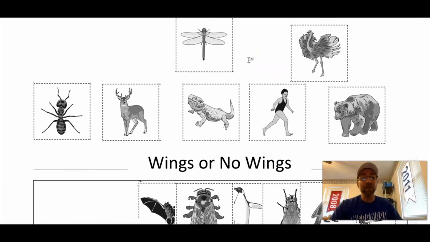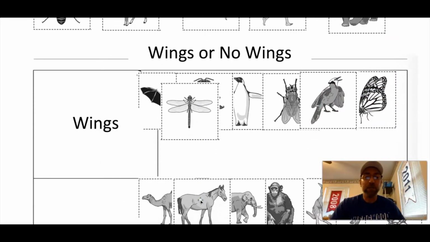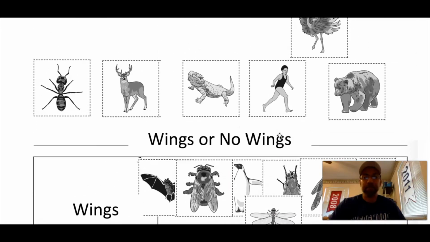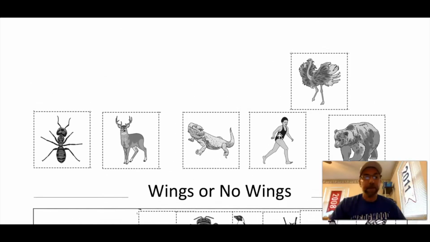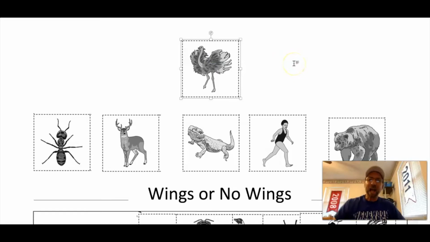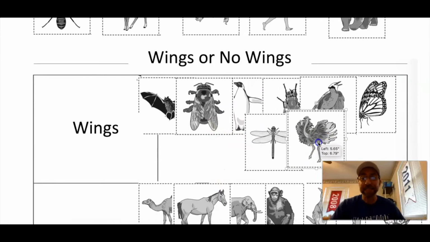Well, I see the wings on the mosquito, so I'm going to move the mosquito into our wings category. Now, we have an ostrich. Does an ostrich have wings? Well, an ostrich is a type of bird, so the ostrich also has wings.